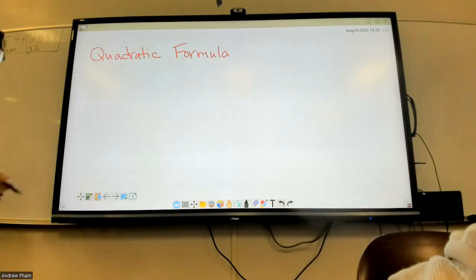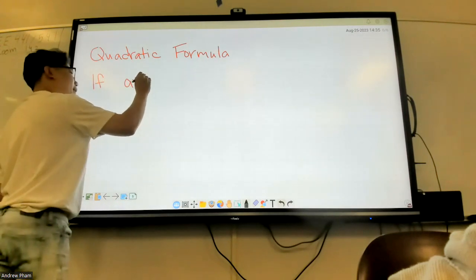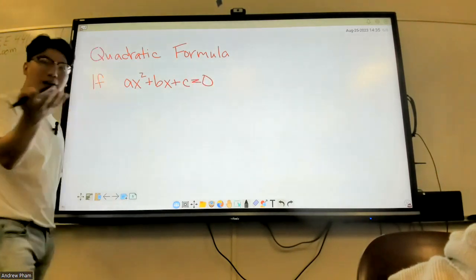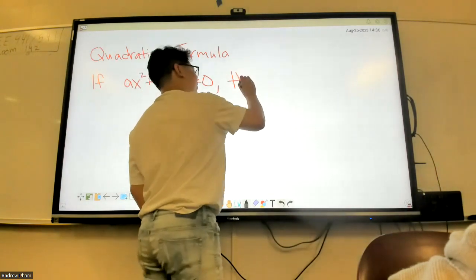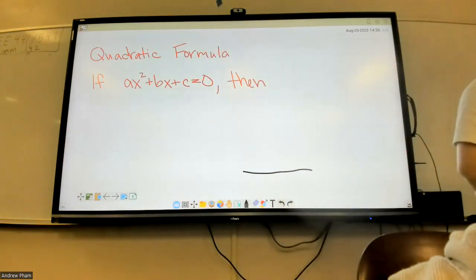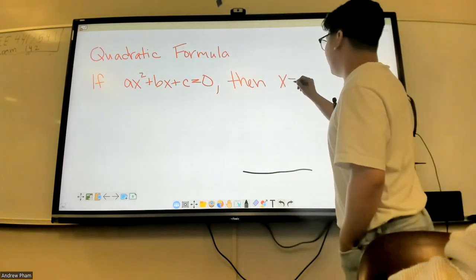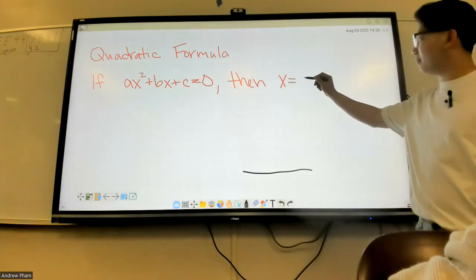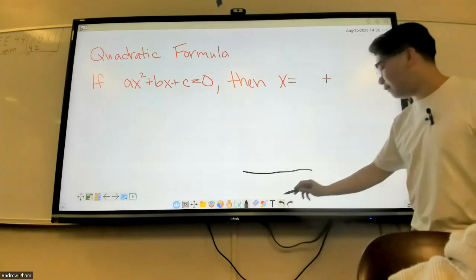So the quadratic formula says if I have ax squared plus bx plus c is equal to 0, so if I have a quadratic equation, then let's see how many of y'all remember the quadratic formula from memory. X is equal to, what's the quadratic formula? Anyone remember it? There's a plus or minus in there for sure.